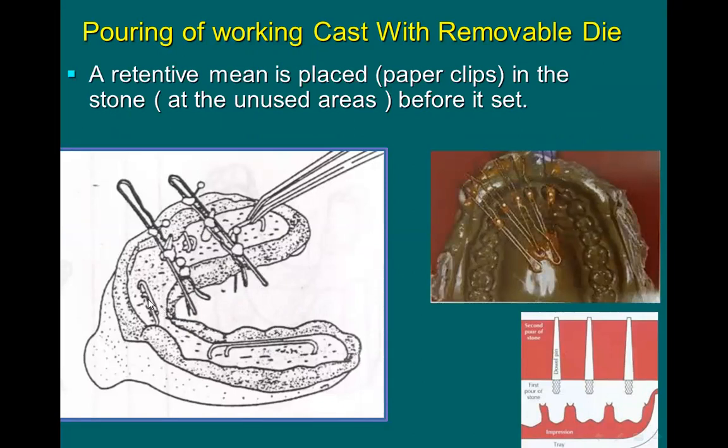We can put them in the area away from the removable die to make the first pour attached to the base material, or the second gypsum material poured. You can see in the left picture the metallic rings, or metallic retentive means, fixed in the first pour before the gypsum material or stone is set.